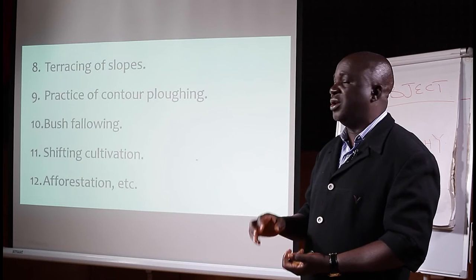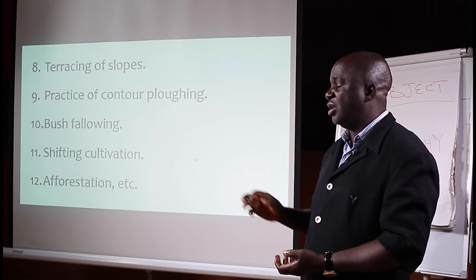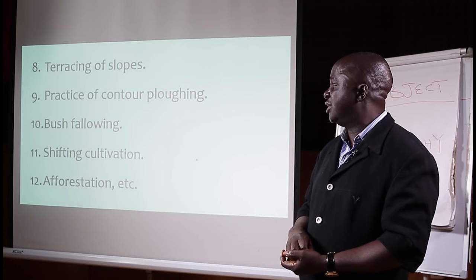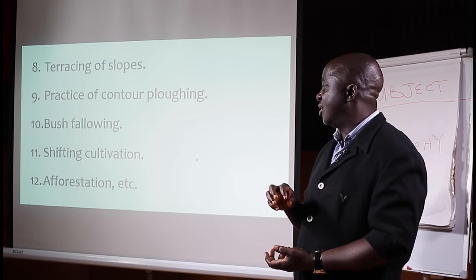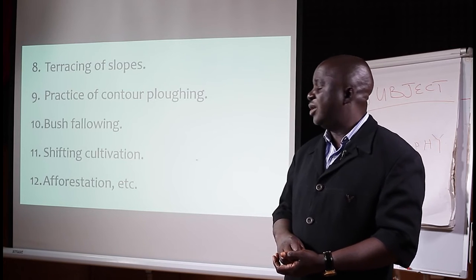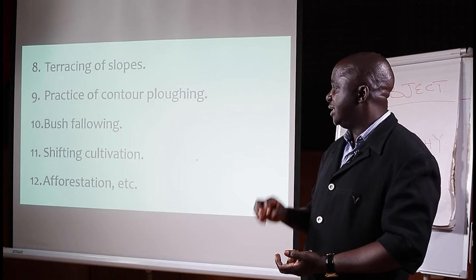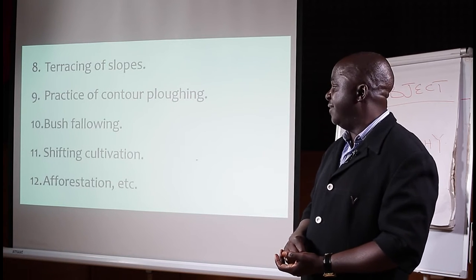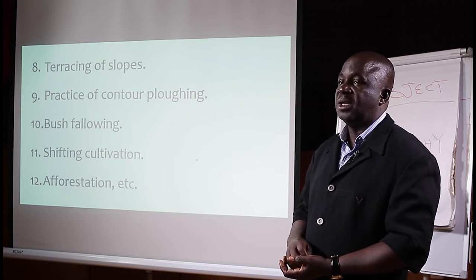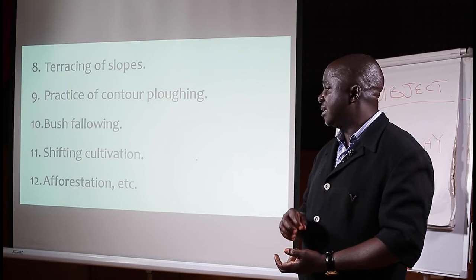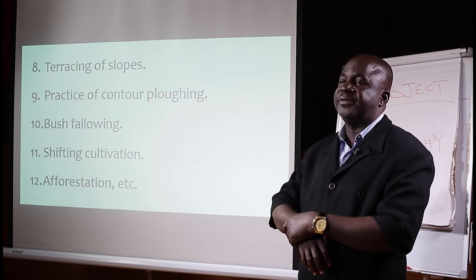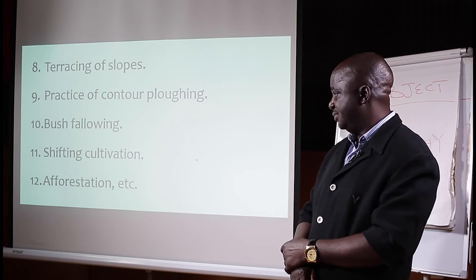Next, bush fallowing, which is also another method through which our soils can be conserved. Number 11, shifting cultivation. Shifting cultivation also plays a very important role in conserving our soil. 12, afforestation.